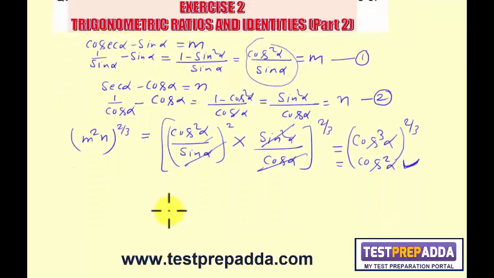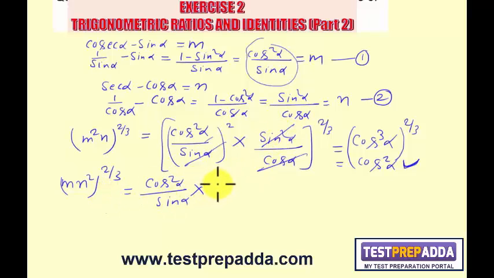Now we will try to find m n square to the power 2 by 3. Here m is cos square alpha upon sin alpha. Now n square is this.